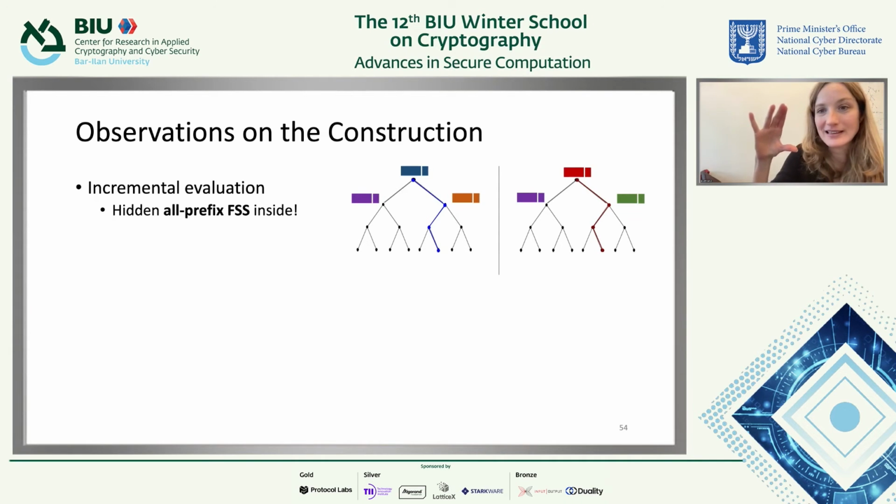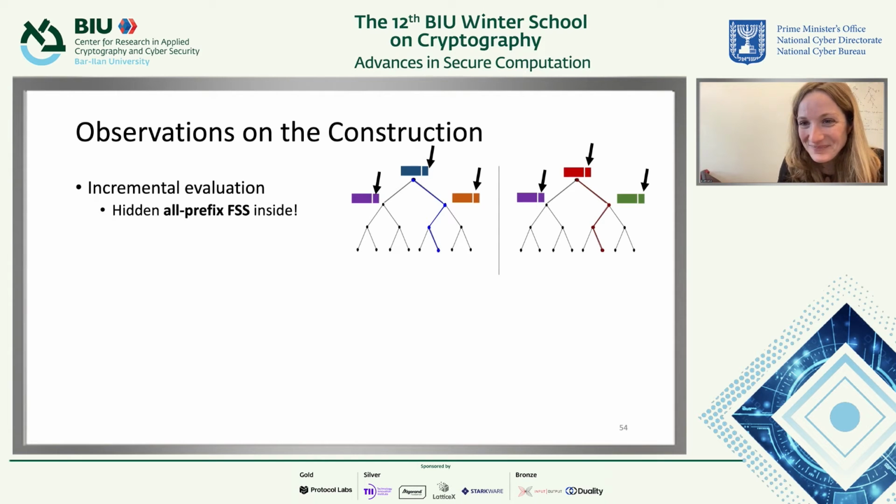It's not a full n-bit input, but say it's 5 bits. This key already allows you to generate a secret sharing of whether these 5 bits are indeed a prefix of the special input alpha. I claim that this FSS is hidden inside. If anyone can take a look and see where it is hidden in this picture.